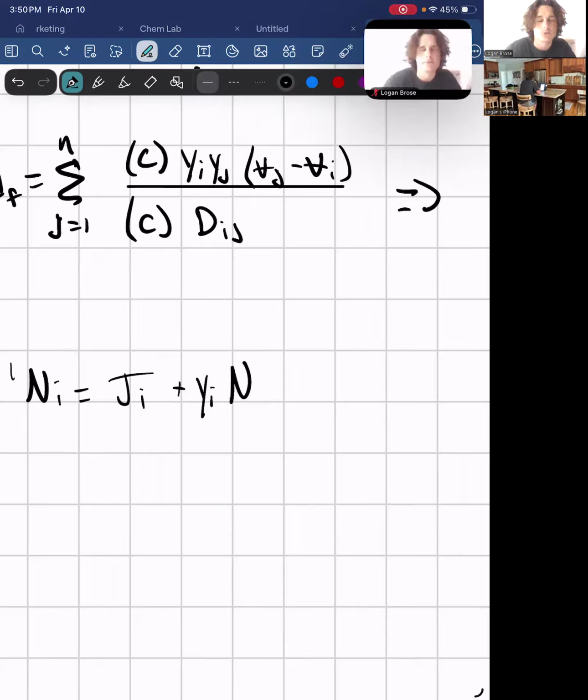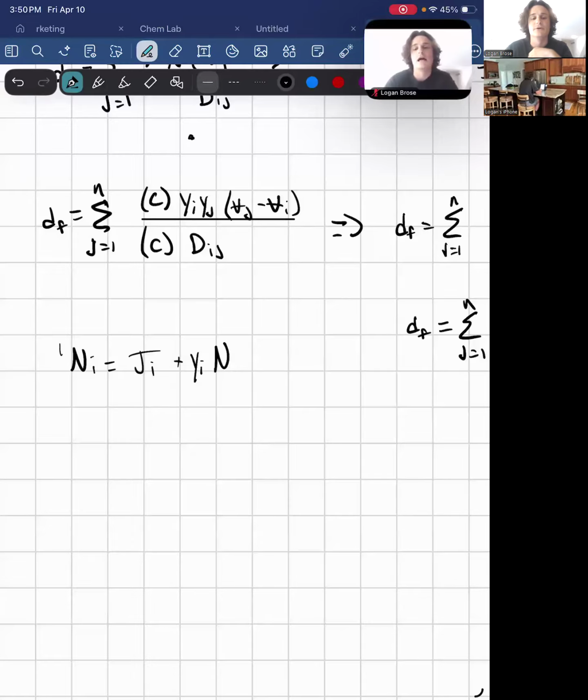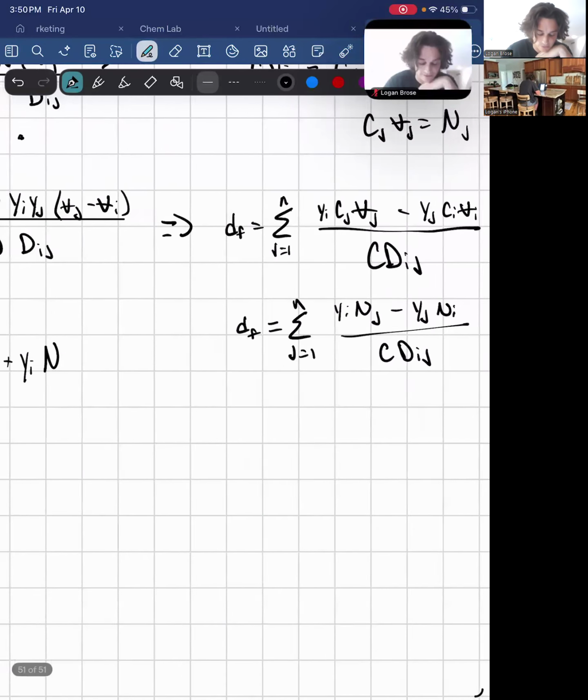This was something that we used a lot in the last video. We talked about how this can be used for other situations. Well, now we're going to use it with our Stefan-Maxwell equation.